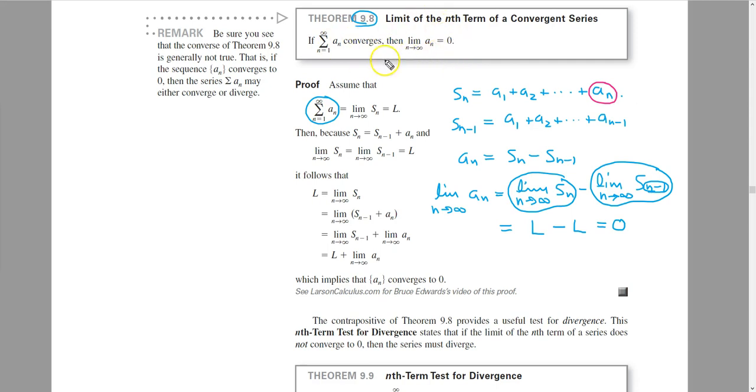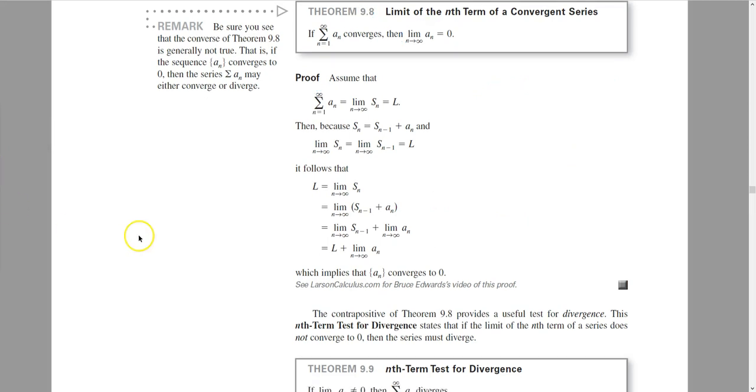Now the way we usually use this result is not as it's written here. We usually use what's called the contrapositive. The contrapositive of this statement would be if the limit as n goes to infinity of the Ans does not equal 0, then the series could not have converged. And that's written down here in Theorem 9.9. Let's take a look at how it's written, and we'll talk about that a little bit more.